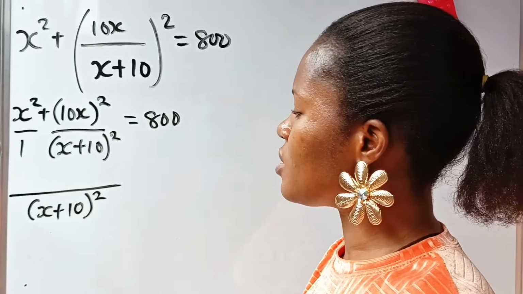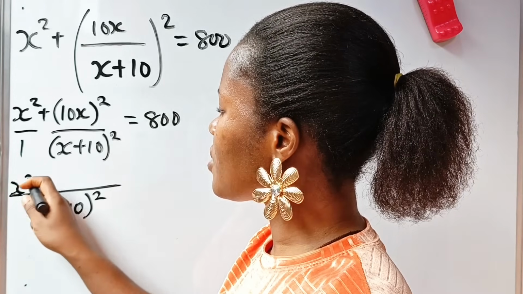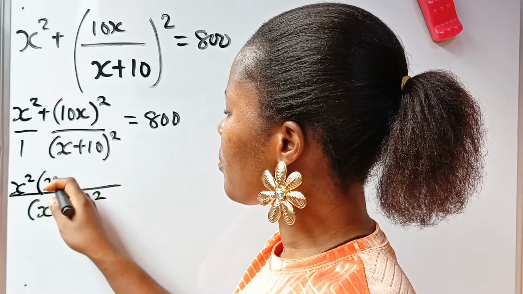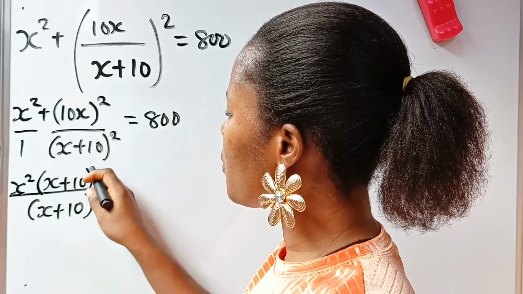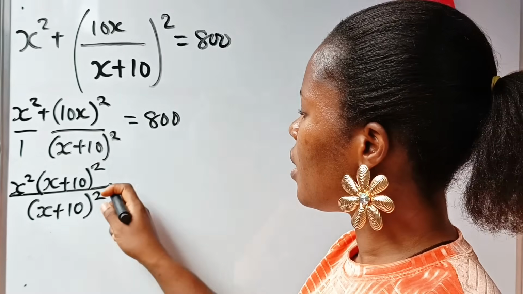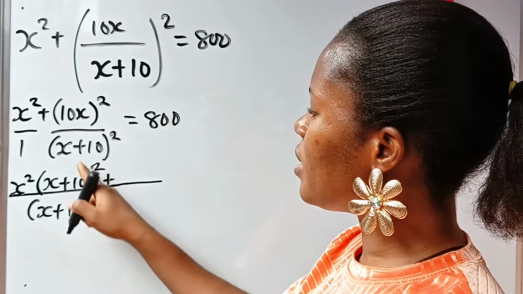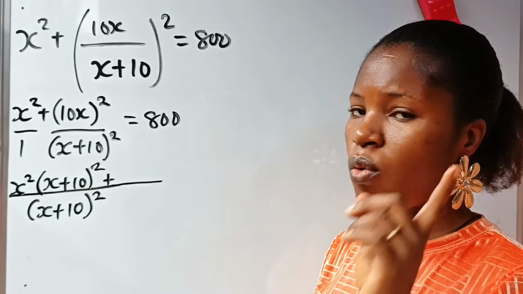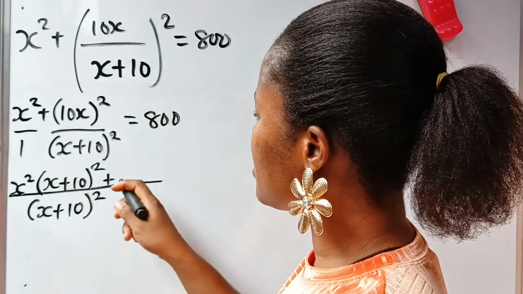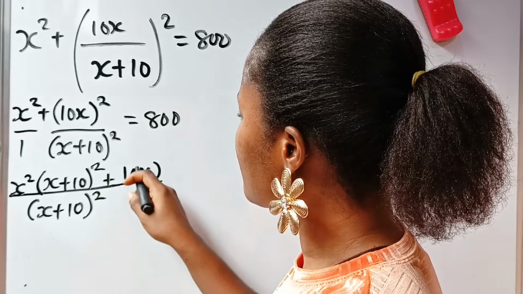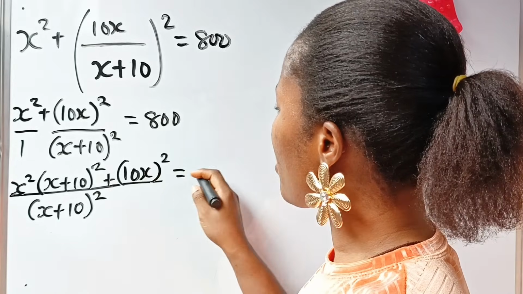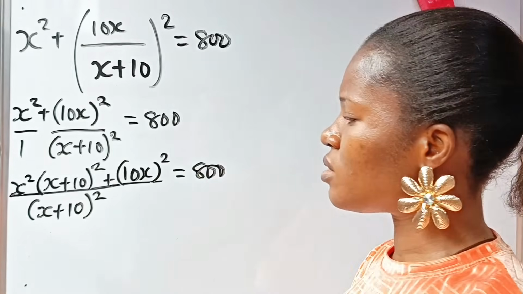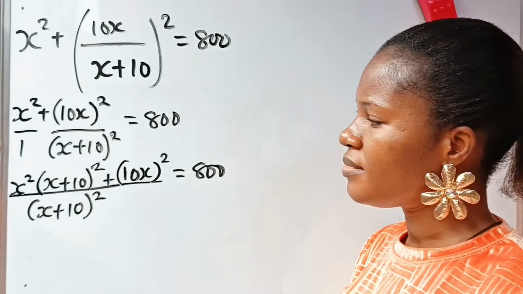So this times this will give us x squared multiplied by x plus 10 raised to the power of 2, plus, when this divides itself, we have 1 times this, which is still 10x squared. Now everything is equal to 800.